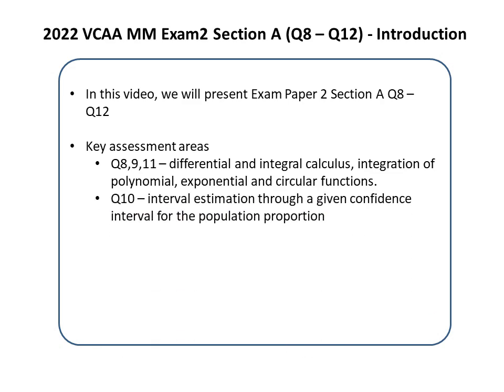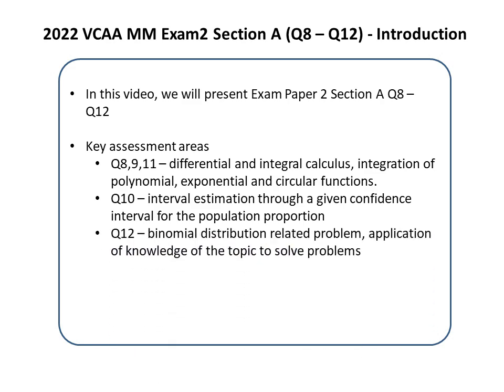Question 10 requires students have the knowledge and skills to work out interval estimation through a given confidence interval for the population proportion. Question 12 is a binomial distribution related question, and it requires students to apply what they have learned in this topic to solve problems.